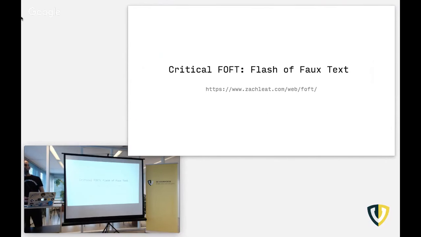That might be useful for one of those other many techniques that you have, the flash of faux text. This is a technique by Zach Leatherman, where he takes the font that you want to use, takes only A to Z, uppercase and lowercase, and nothing else. And if you compress that right, you can squeeze that down to about 8 or 9 kilobytes, depending on how much detail is in your font.